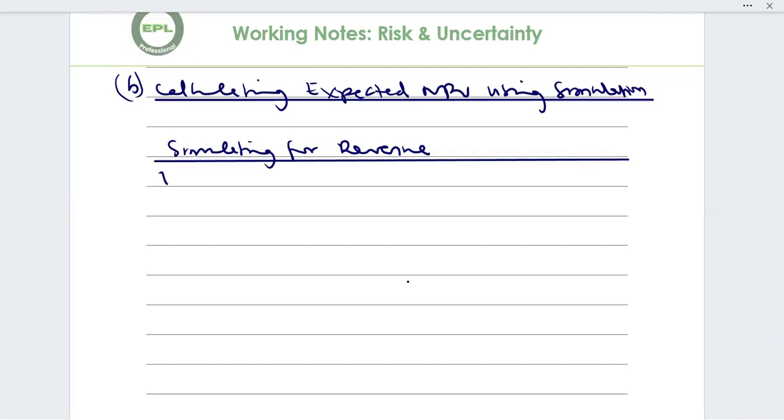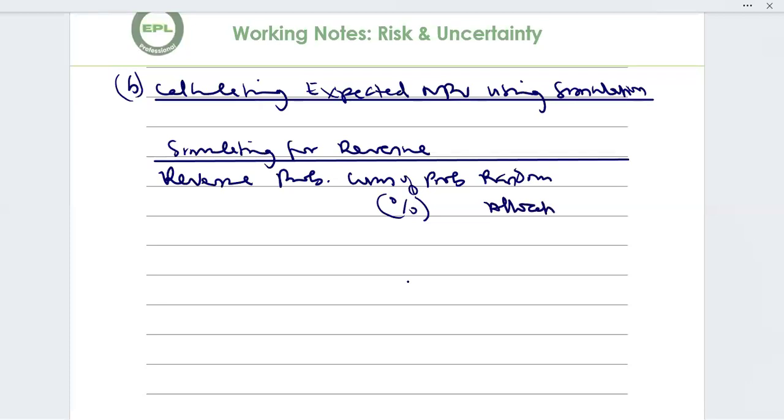So create a column for revenue, a column for probability, the cumulative of probability in percentage, random allocation, then random number.